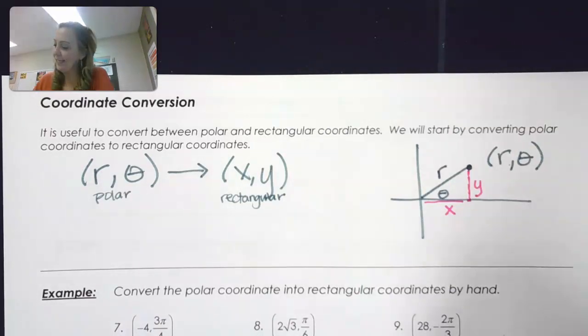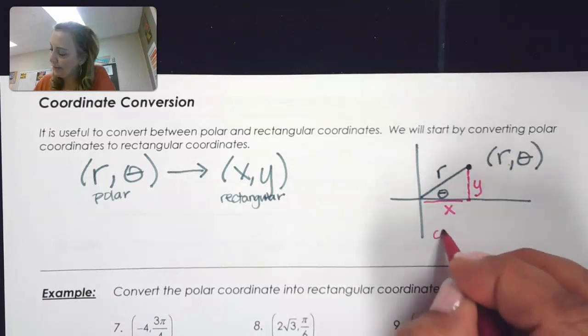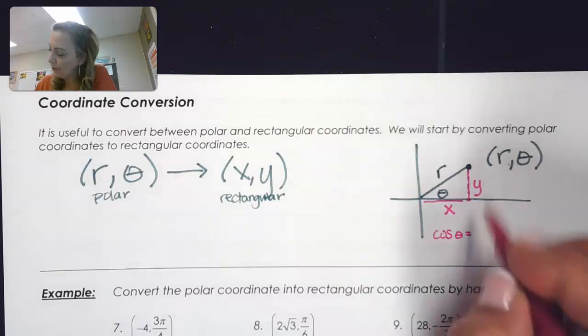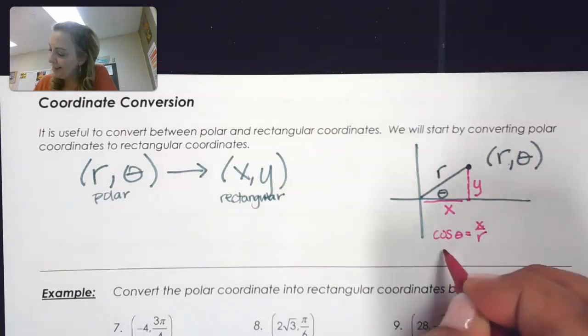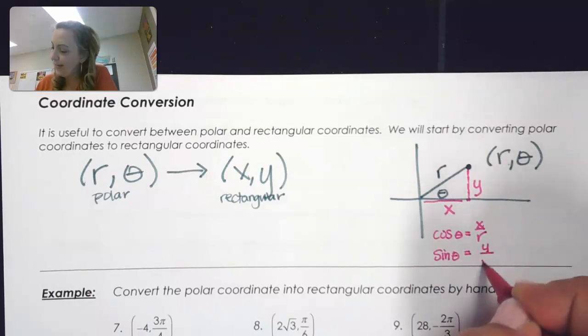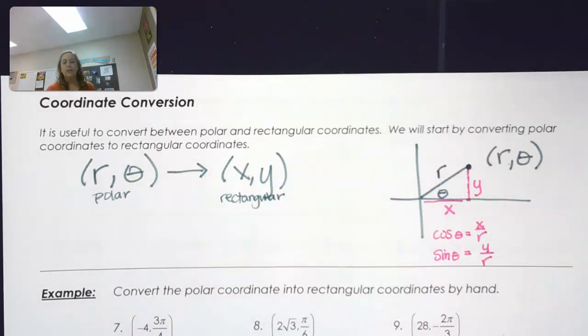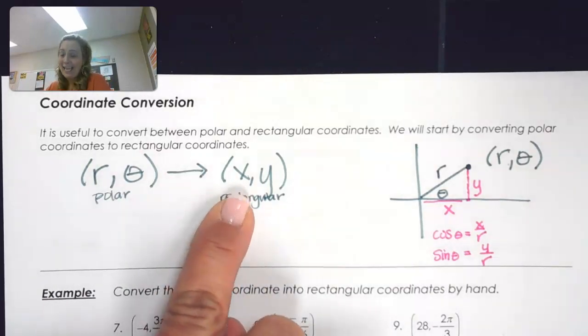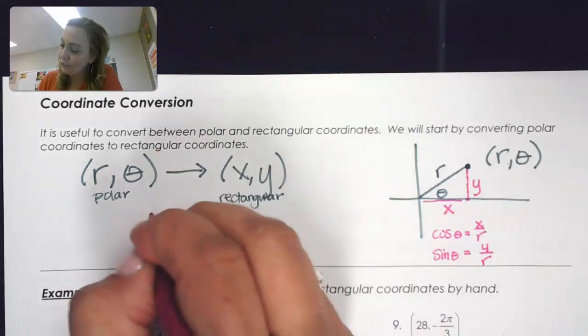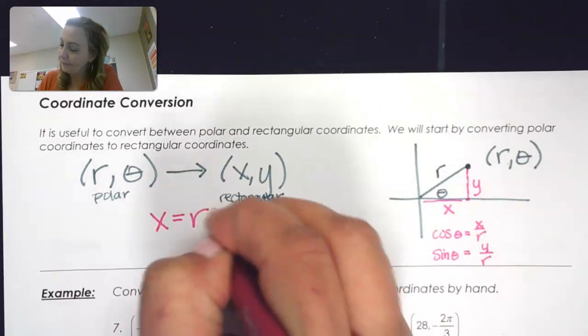When we look at that, I can see that the cosine of θ would be x over r, and that the sine of θ equals y over r. So if I wanted to find x, I would just take r times the cosine of θ.